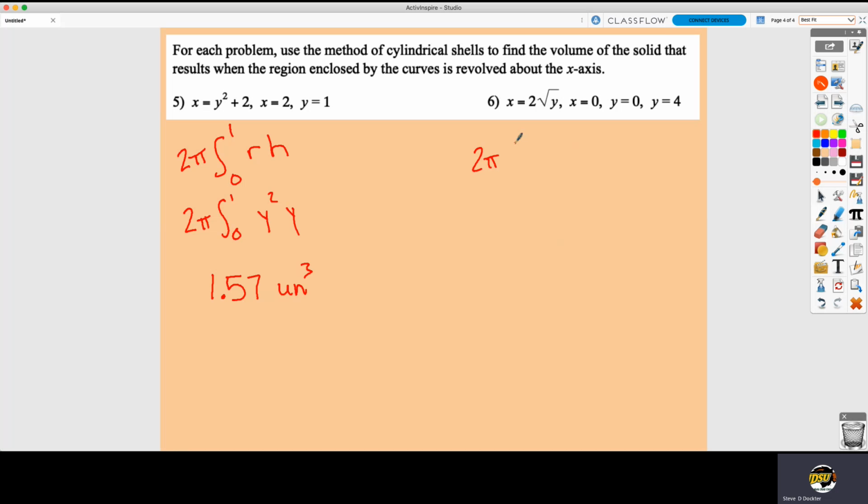It should get you the same answer, unless you're told to use a specific one. But you should get the same answer either way.